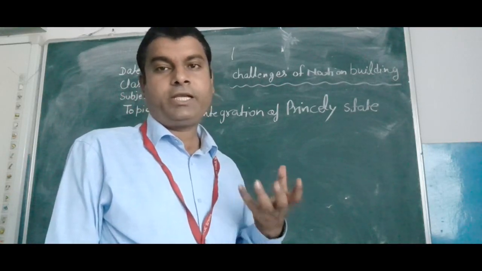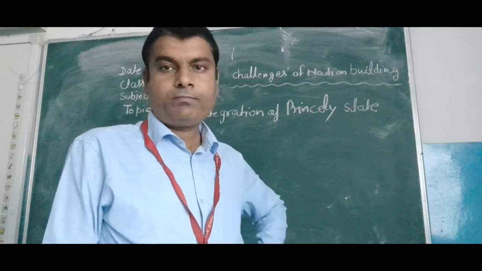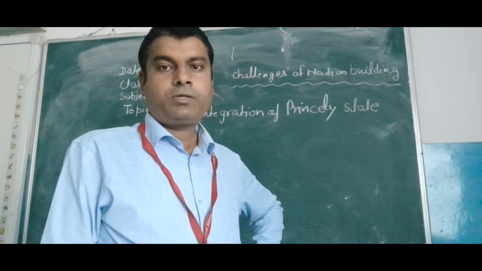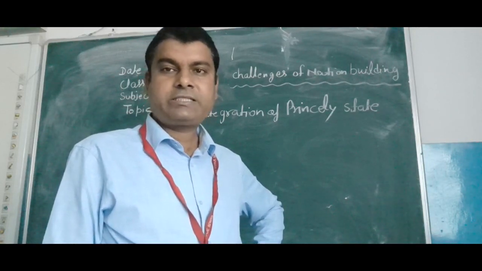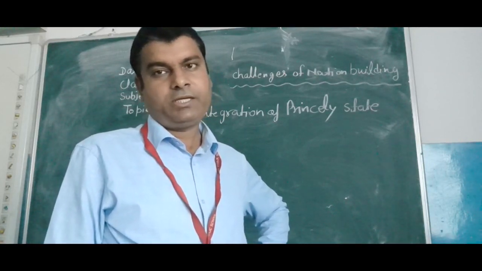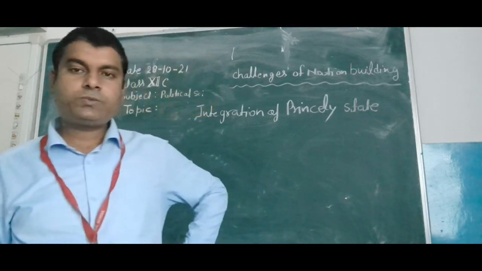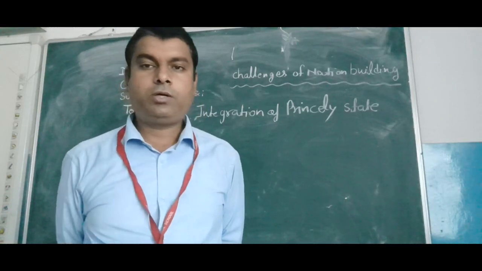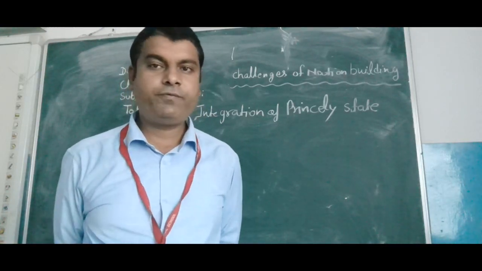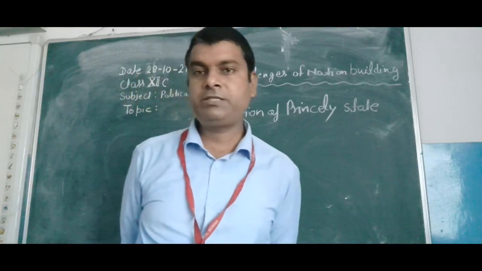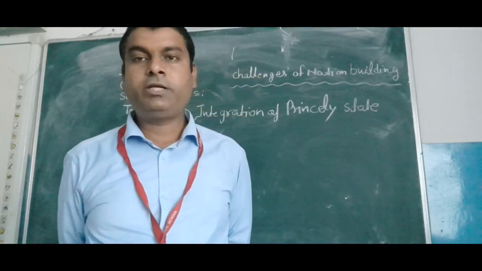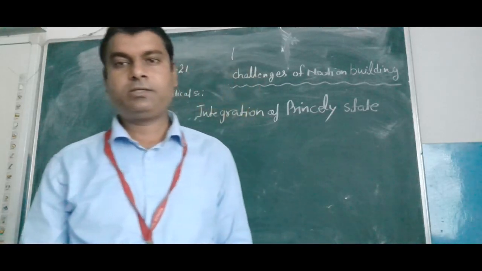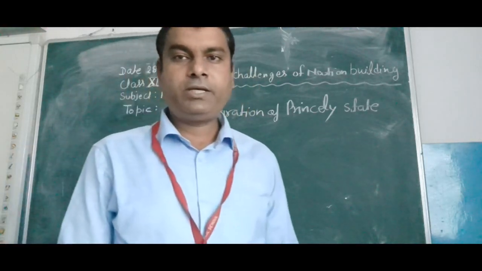It means the Rajas and Nawabs were now free. So it was a very difficult task because at that time there were 565 princely states in our country. So this was a big problem: how would our Indian government convince these 565 princely states to join a country? And this challenging task was taken by Sardar Vallabhbhai Patel, class.